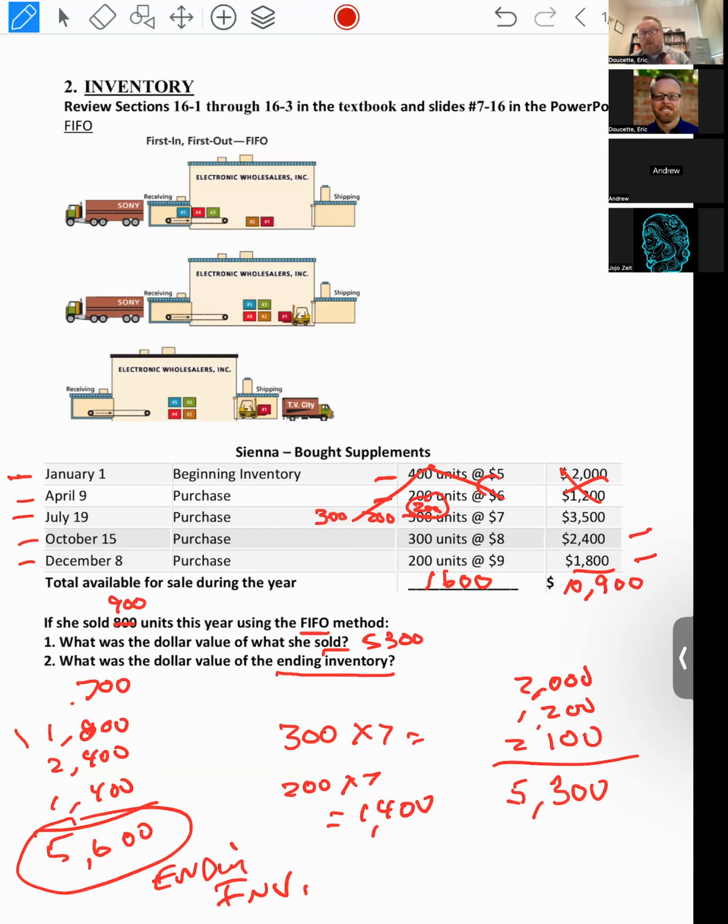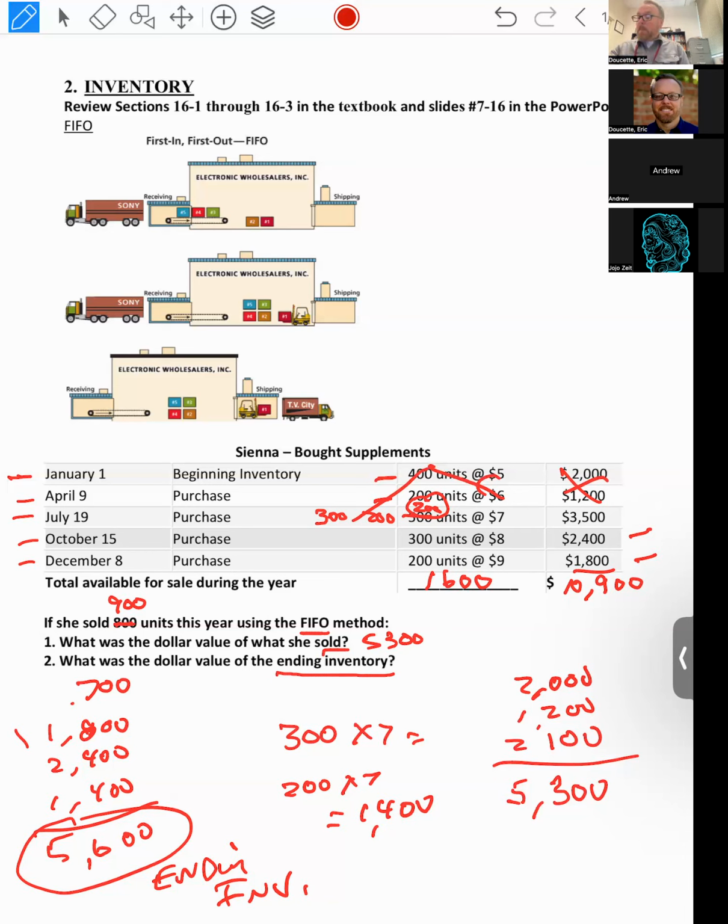I did what she sold and how much that was worth, which was 5,300. And then I saw what does she still have left? That's ending inventory. What does she still have at the end of the year? She still has 200 from December 8th, 300 from October 15th, and 200 from July 19th. And how much dollar value does that come out to? 5,600. So I just figured out the inventory using the first in, first out method.